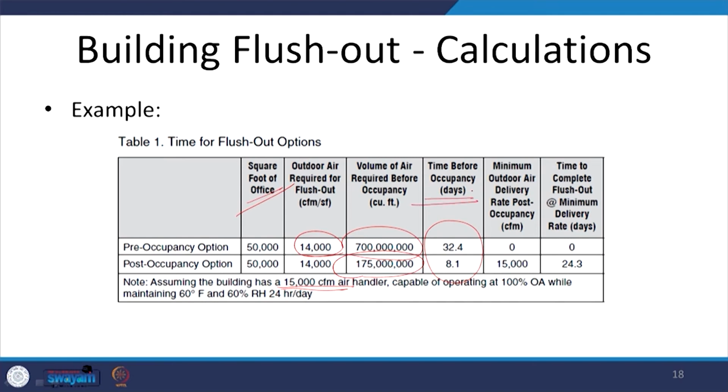The total time, in days, has to be kept for flush out before the occupancy begins.